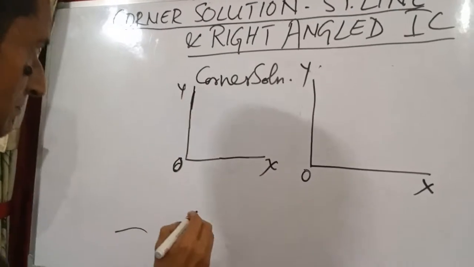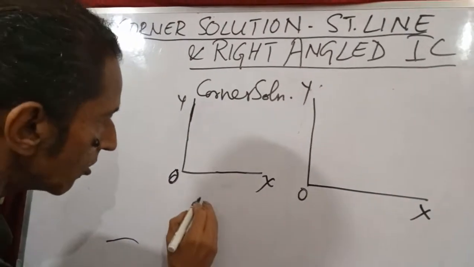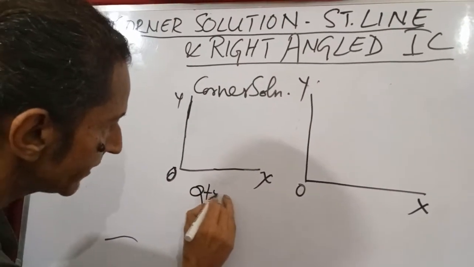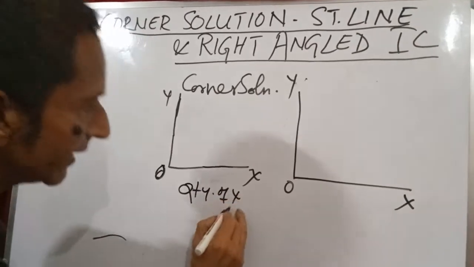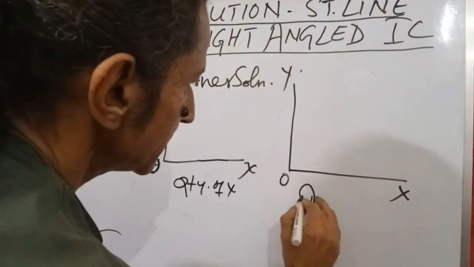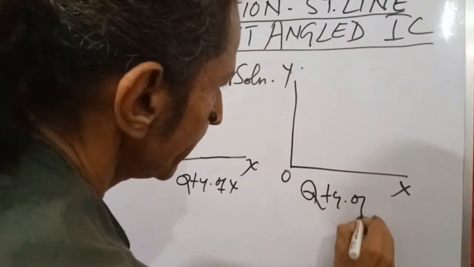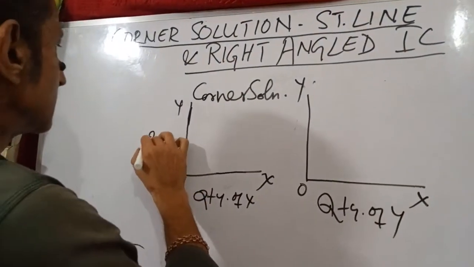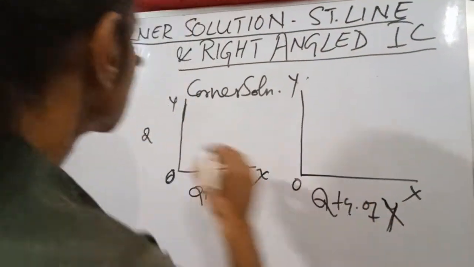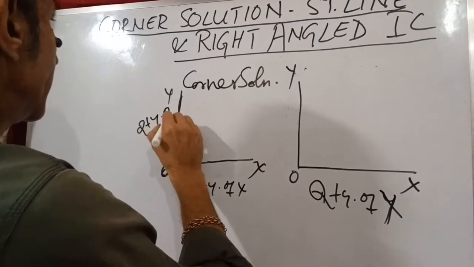On the x-axis we measure quantity of x, and on the y-axis we measure quantity of y.